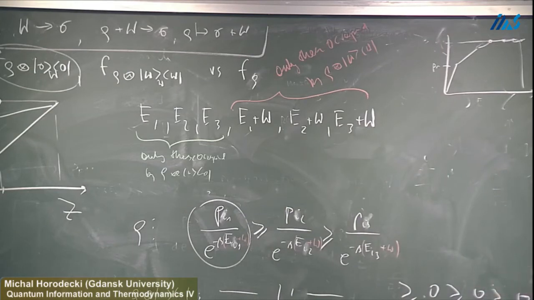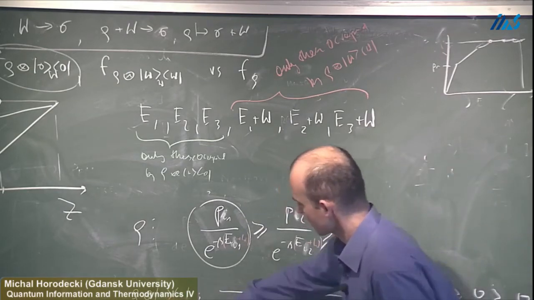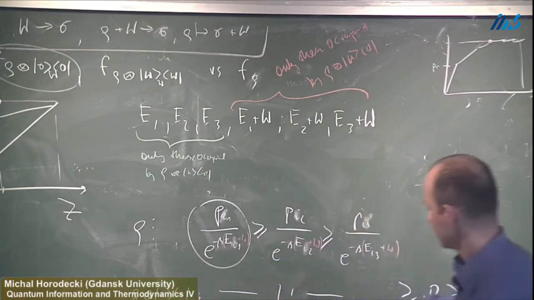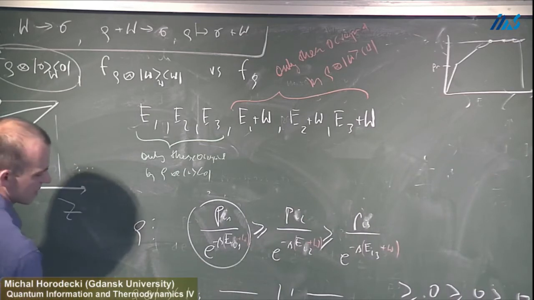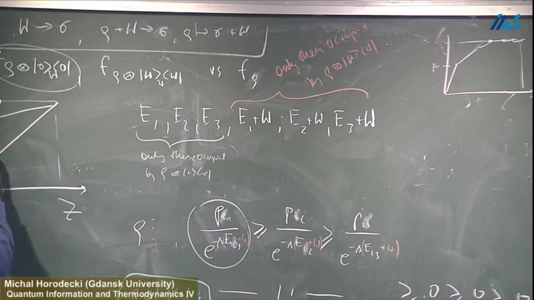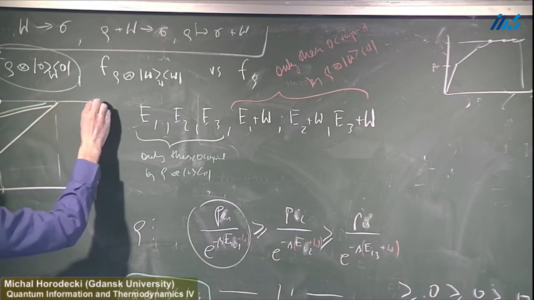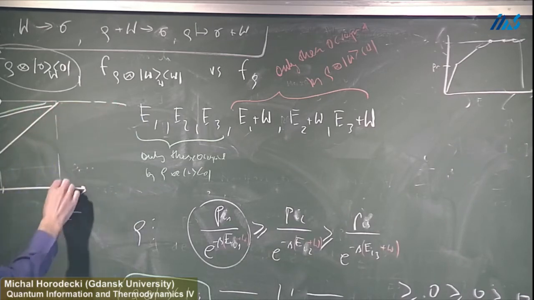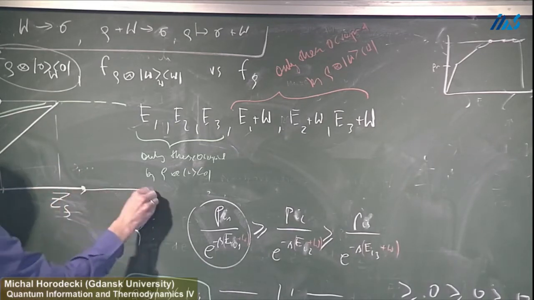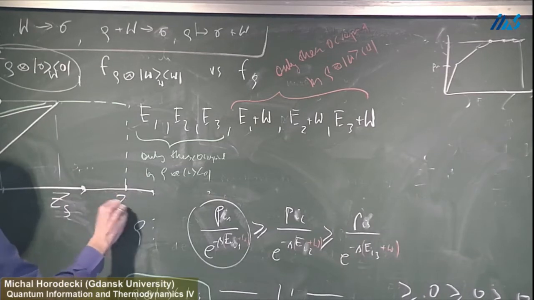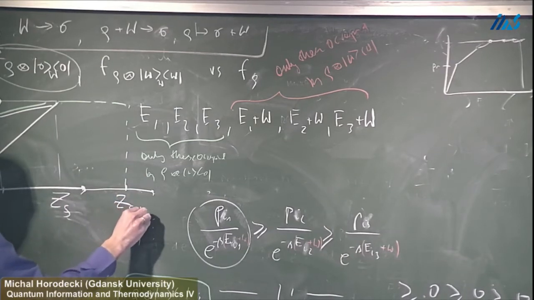So what is the only difference between these two things? This diagram now looks precisely the same as this, and that's the green one, and also here something not so relevant, zeros for us. So here is Z of the system itself, and here is Z of the system plus work.